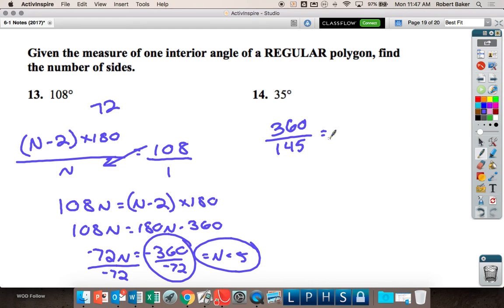It's 2.48 sides, about 2.5. Is it possible for a regular polygon to have one angle that's 35 degrees? No, because what's the smallest angle you can have inside of a regular polygon? 60. That wouldn't be possible. False.